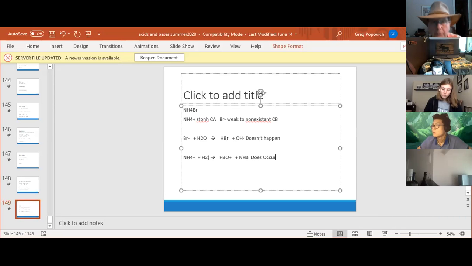So if the top one doesn't occur and the bottom one does, overall, am I generating H3Os and or OH minuses? You're generating H3Os.